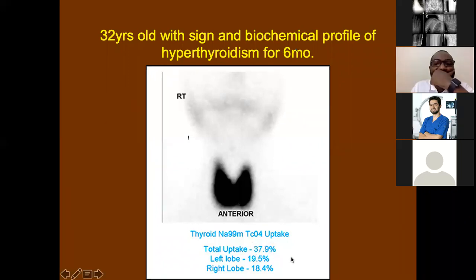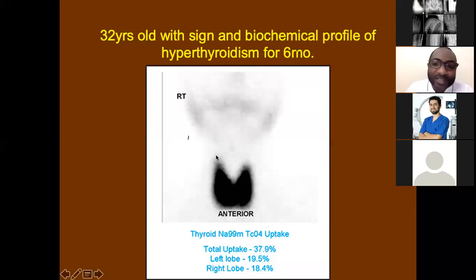Features are diagnostic of Graves' disease. Thank you very much. So what will be your recommendation for this patient? Is this patient suitable? I would recommend radioactive iodine radiotherapy. Exactly. Yes, so beautiful.